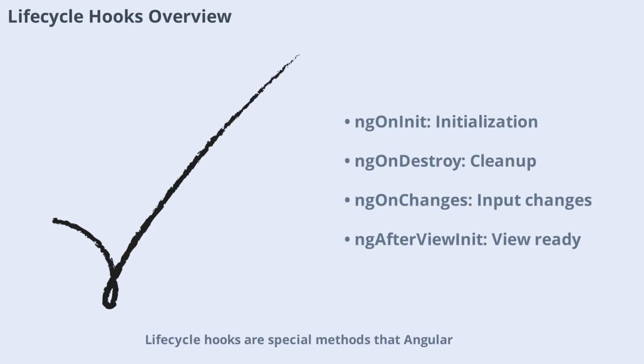Lifecycle hooks are special methods that Angular calls at specific points in a component's life. Common hooks include ngOnInit after initialization, ngOnDestroy before destruction, ngOnChanges when input properties change, and ngAfterViewInit after view initialization.